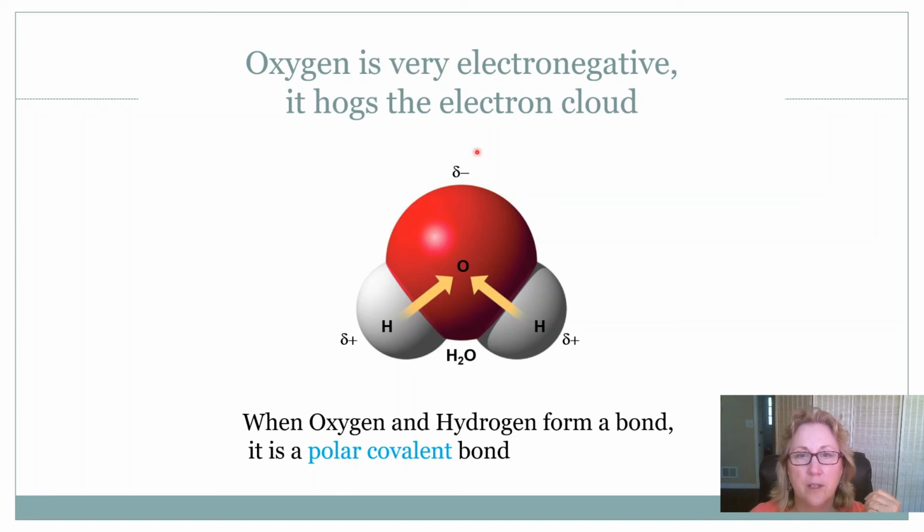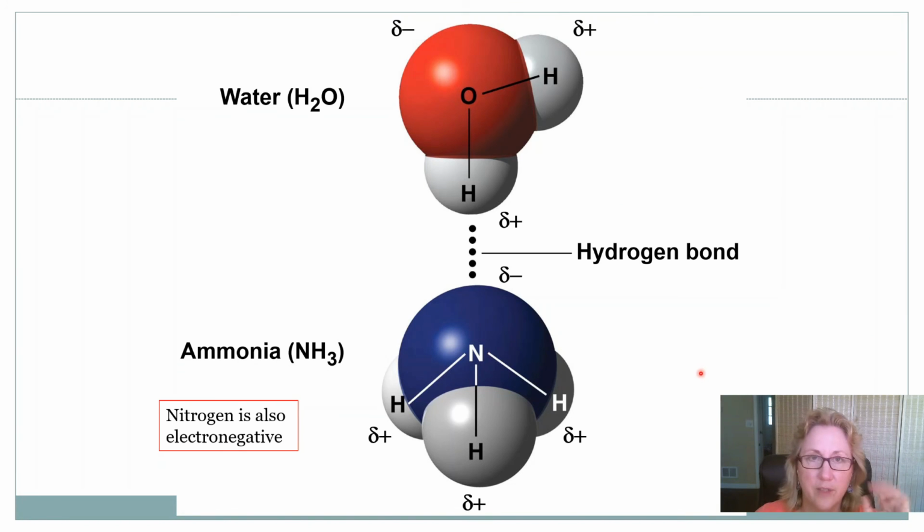And this negative oxygen is going to attract things that are positively charged, and these positively charged hydrogens are going to attract things that are negatively charged to them. And that's really what gives water all of its special properties. So we call this attraction a hydrogen bond.